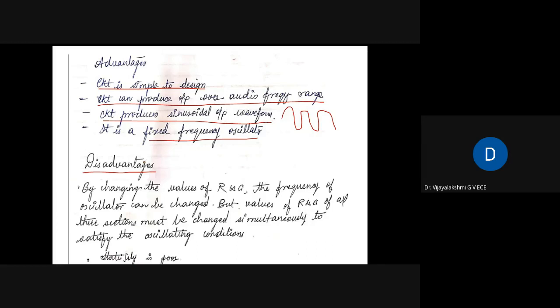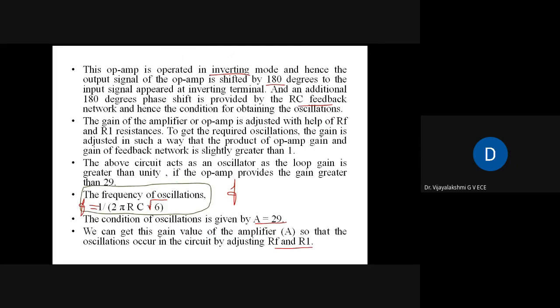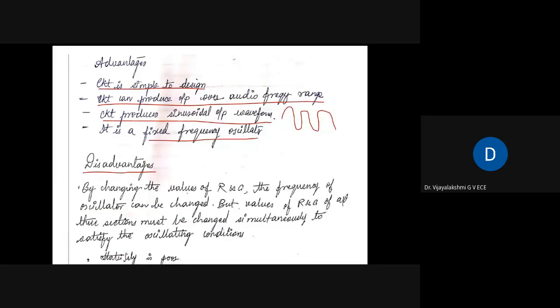If you want to change the frequency of oscillation, because our frequency of oscillation is given by 1 over 2 pi RC root of 6, you need to change the values of R and C. I have to change all 3 stages of R and C simultaneously to satisfy the oscillating condition, that is, beta should be equal to 1 over 29, A beta should be equal to 1.